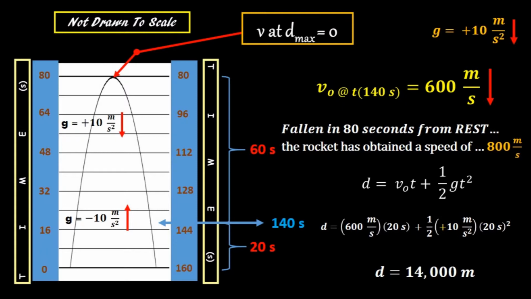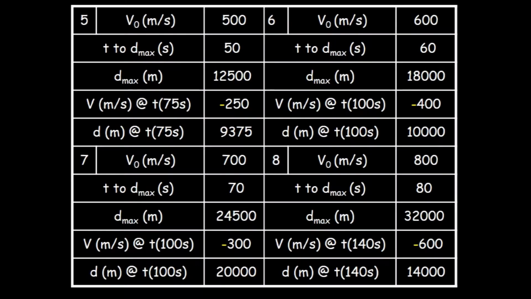So 600 times 20 plus 1/2 positive 10 times 20 squared is 14,000 meters, and that will be the distance. So that's the final answer.